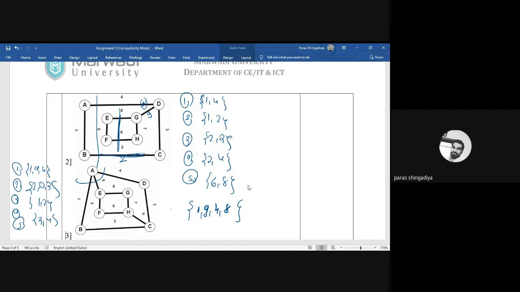When we delete 1 9 4 8 from the graph, it makes the graph disconnected. But it is not an example of a cut set. Why? Because it has a subset. A subset of it disconnects the graph again. Which subset? We can take 1 9 4. That is a subset here, which again makes the graph disconnected.